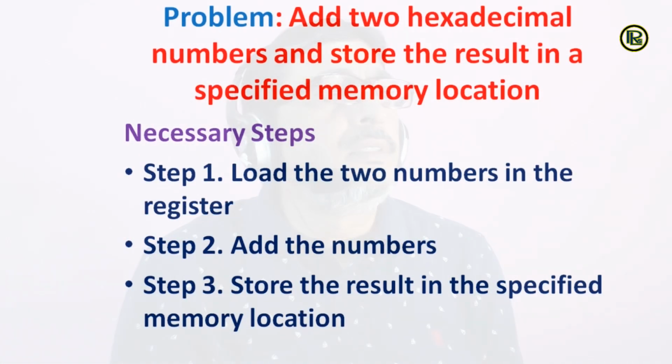Now we will learn how to write programs for the Intel 8085 microprocessor. The first problem I have chosen is addition of two hexadecimal numbers and storing the result in a specified memory location.